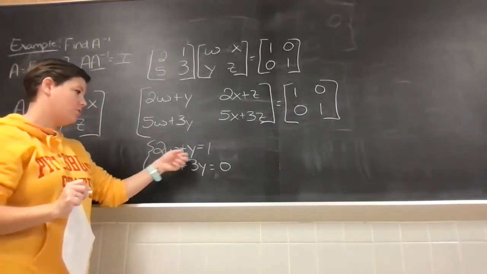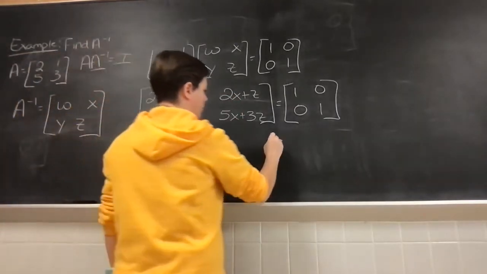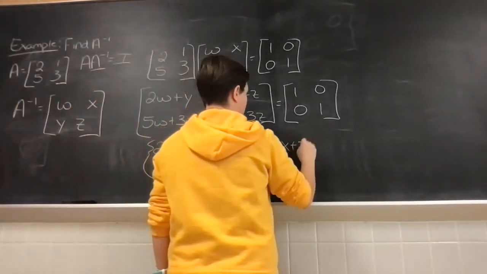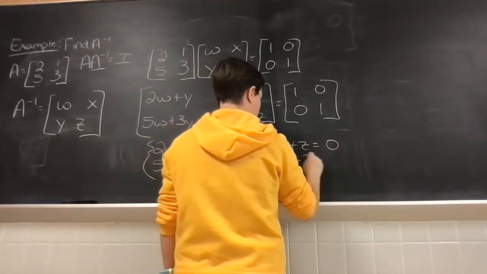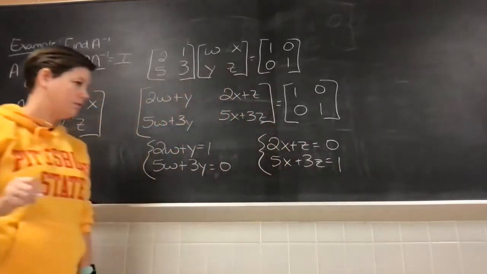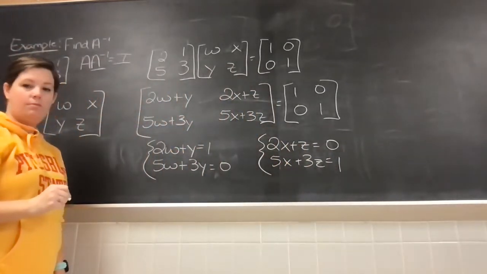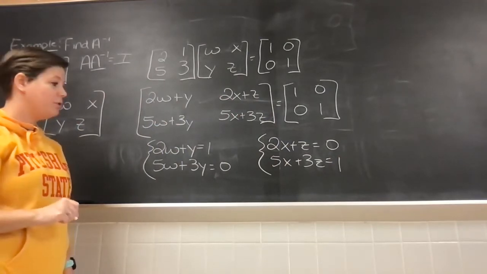Two equations, two unknowns. I can do the same thing for my next column. 2x plus z equals 0. 5x plus 3z equals 1. Now this is the same stuff as from 5.1, 5.2.